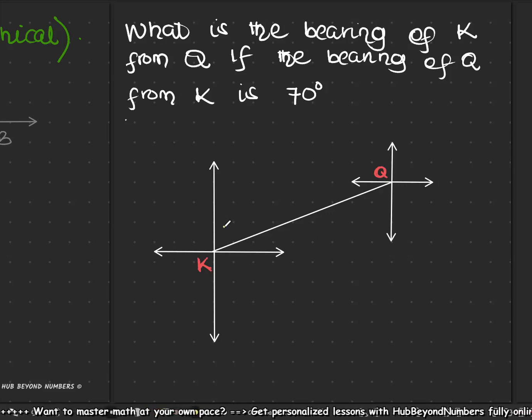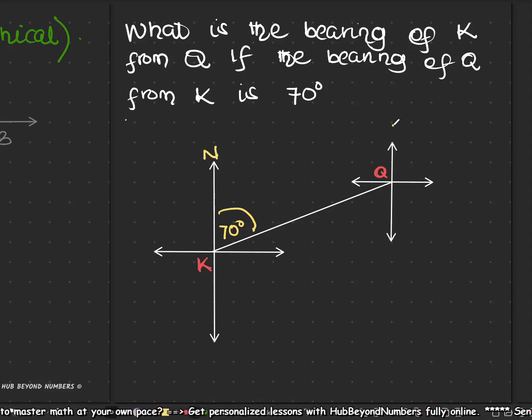So this is where our 70 is going to be. Take note, we have our north here, our east and south, and then west over here. So the bearing of Q from K is 70 degrees. What then is the bearing of K when we are at Q?